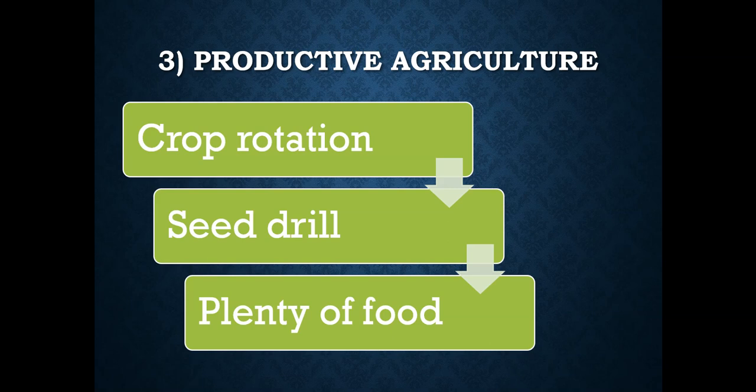The other big component is the seed drill, which was an invention, and it enabled farmers to place seeds at the exact right location and depth. This allowed farmers to be more productive and be able to again feed a whole bunch of people.